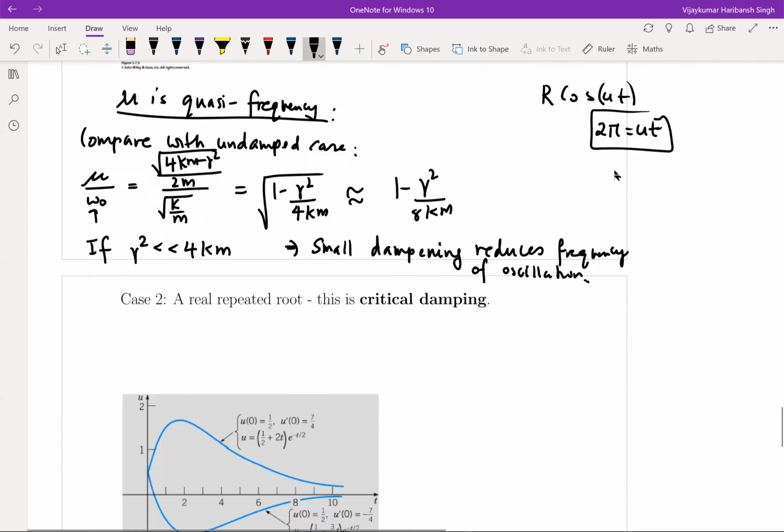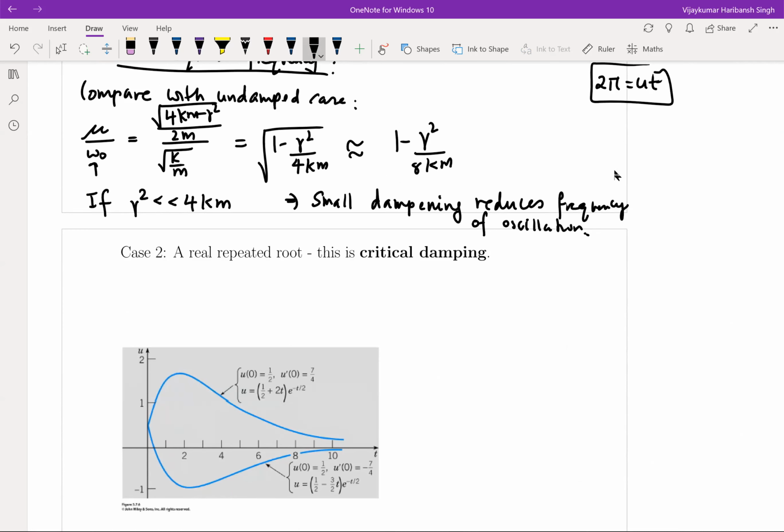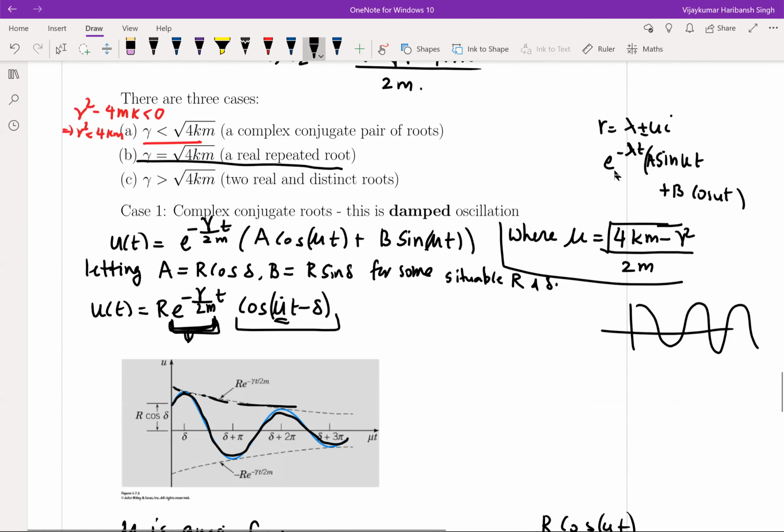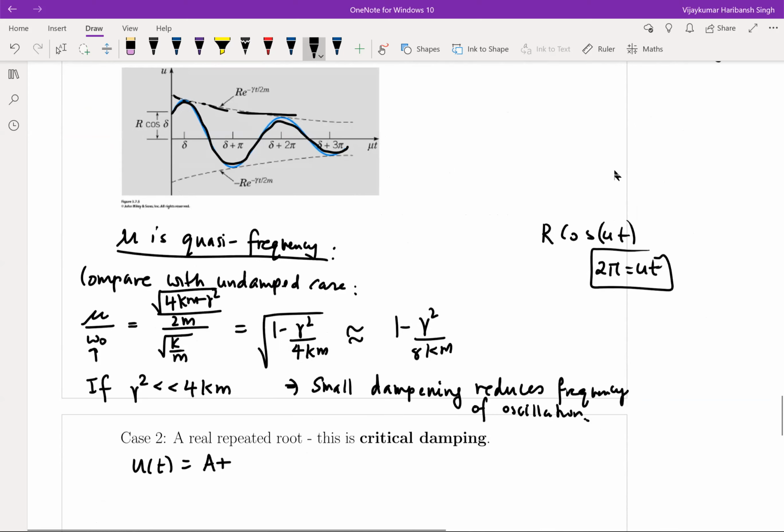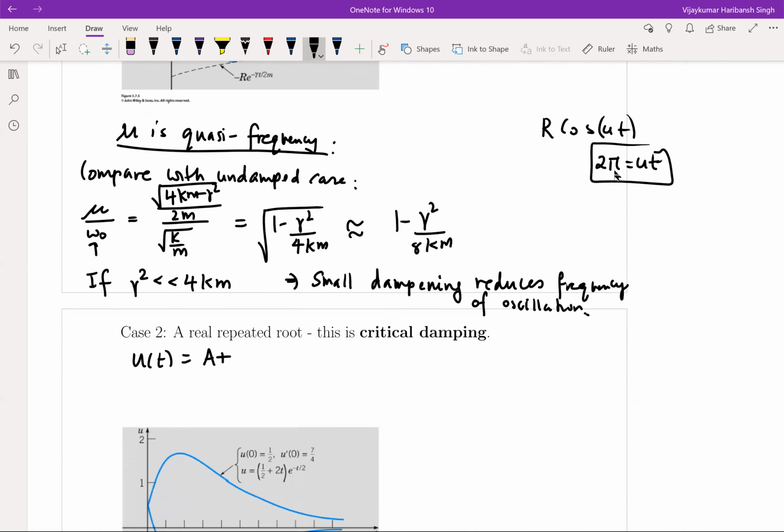So we start with m u double prime plus gamma u prime plus k u equals 0. And if we have repeated roots, the roots are going to be of the form what?